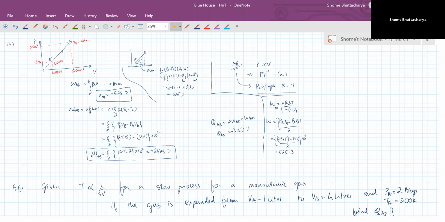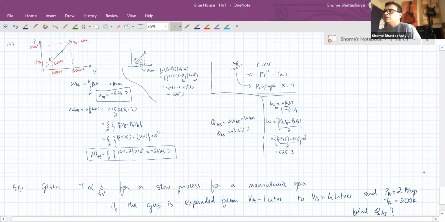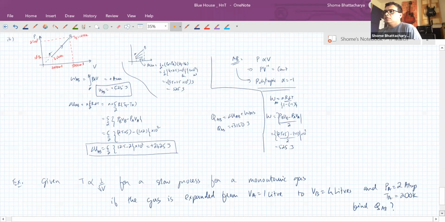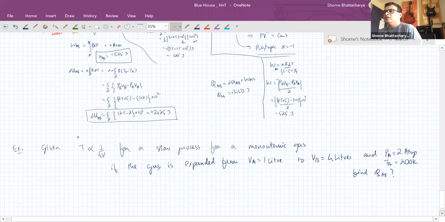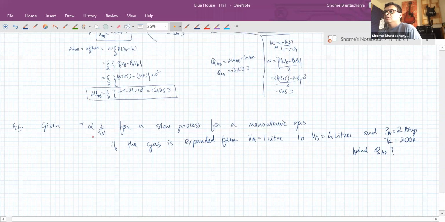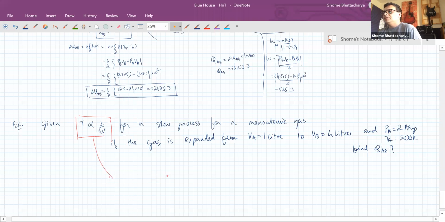Exactly, Durgesh. You have to do the question by the polytropic method only. That is the easiest way to do this question. So if you use the given condition along with the fact that we are dealing with an ideal gas, temperature is proportional to 1 by root V. That also means that pressure into volume upon nR is proportional to 1 by root V, because PV is equal to nRT.